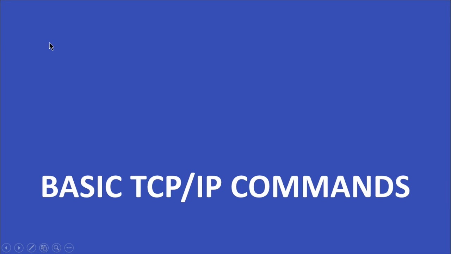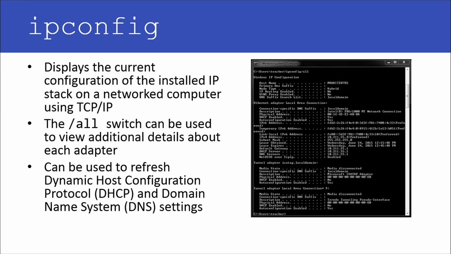So, all right, let's roll into TCP/IP commands. We'll start with the basic ones. ipconfig. ipconfig is super useful. It displays the current configuration of your installed IP stack, right? If you use it with the /all switch, it'll give you a lot of additional information. And that's actually what you see here on the right-hand side of the screen.